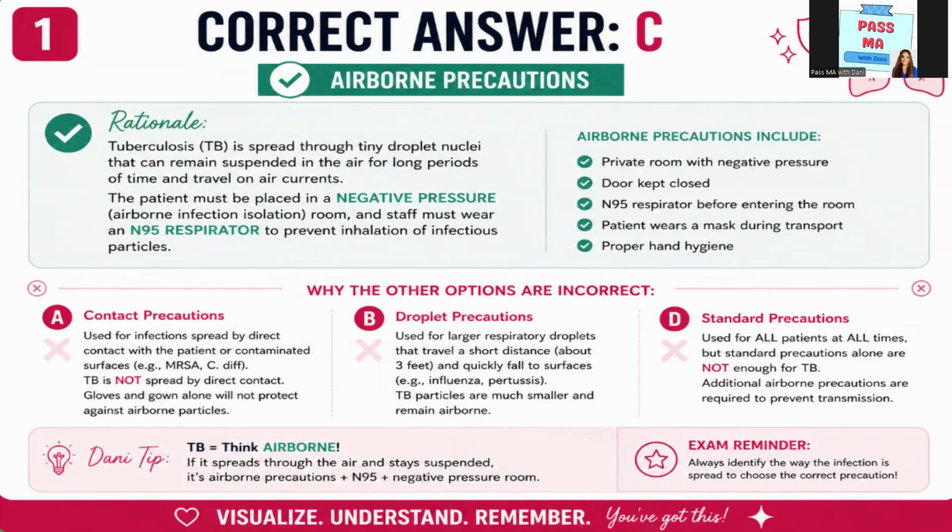So a patient that is positive for TB needs to be placed in a negative pressure airborne infection isolation room, and staff need to wear N95 respirators to prevent inhalation of infected particles. Okay, so you guys need to remember that. Again, airborne precautions for tuberculosis, an N95 respirator is needed.